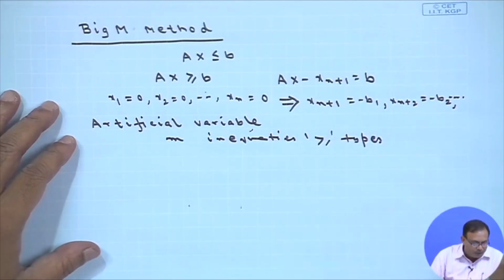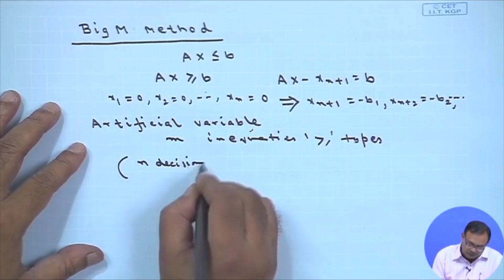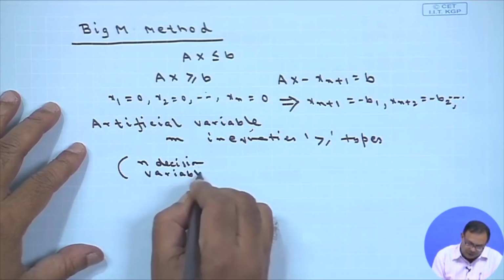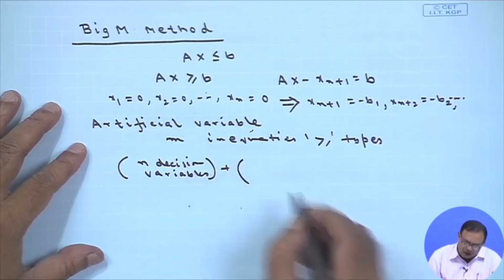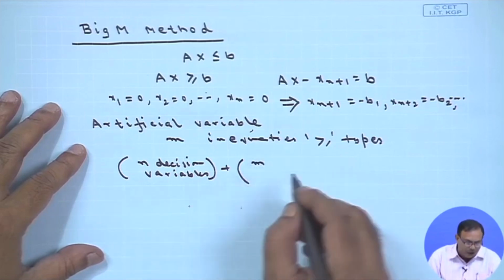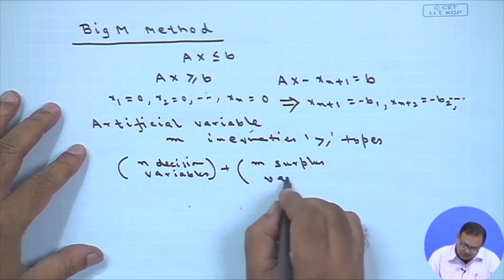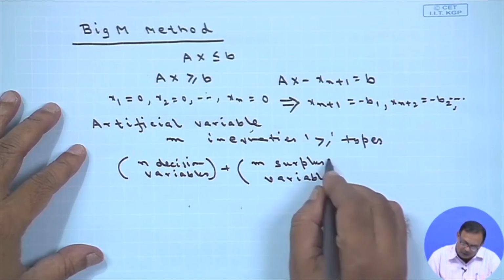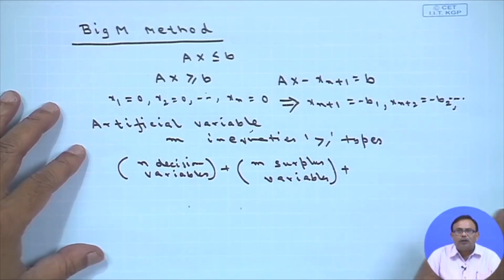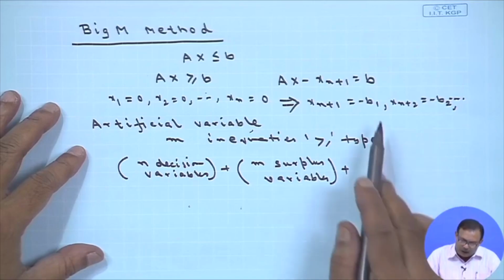So, what will happen? You are having n decision variables, this is already there, plus since you are having m greater than equals type constraints, you have to include m surplus variables, and we have told that for each surplus variable I have to add one artificial variable to make this feasible.